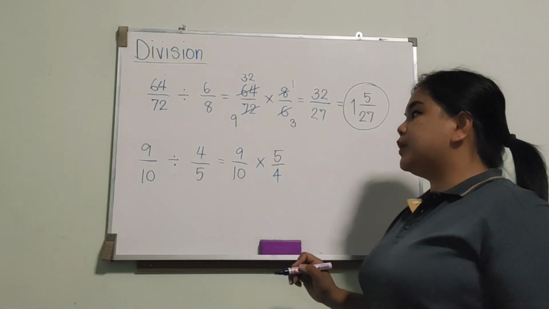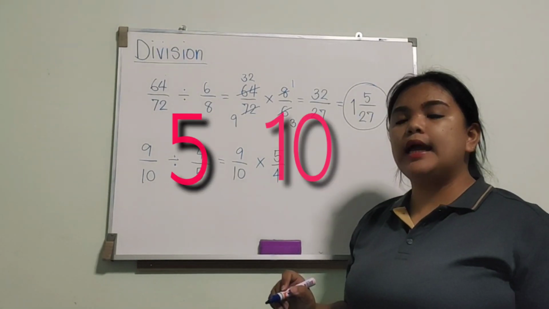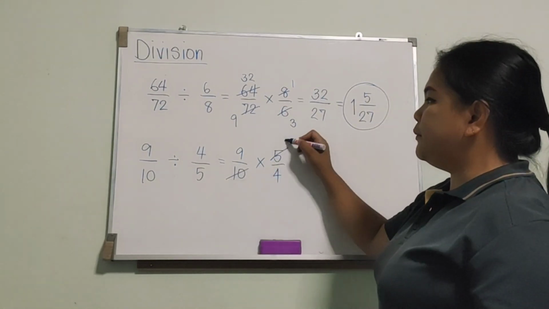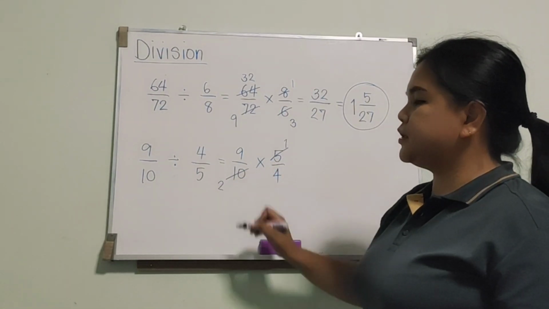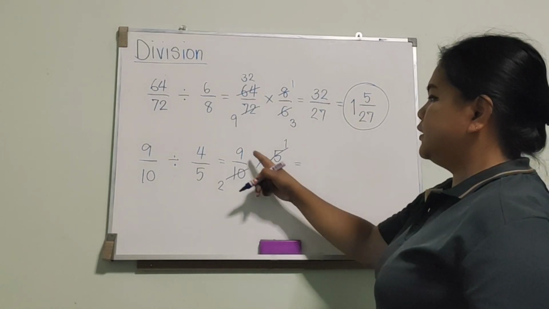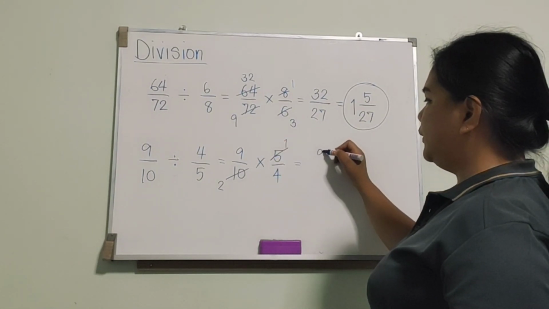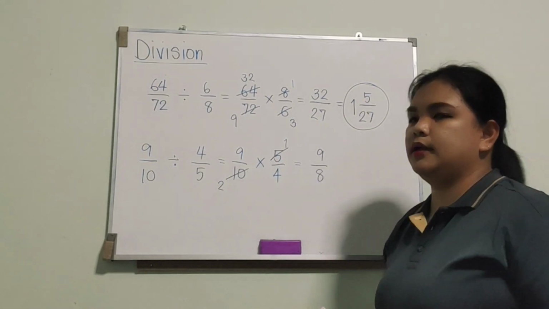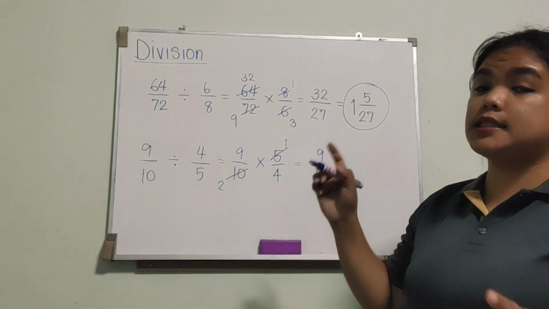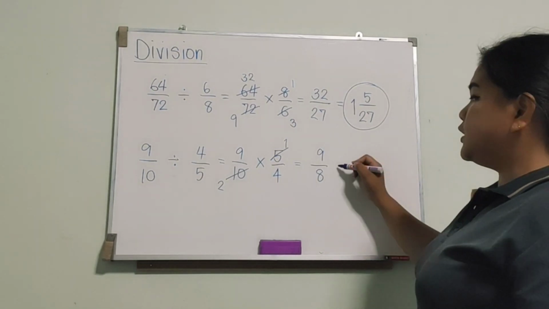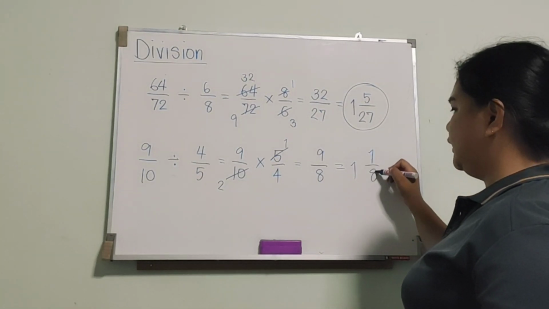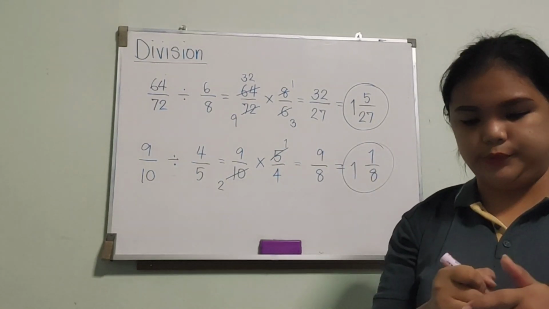Next, which one can we cancel? Yes, we have 5 and 10. 5 becomes 1, 10 becomes 2. Next, 9 multiplied by 1, you will get 9. 2 times 4, you will get 8. Now, this is still improper, so change it into a mixed fraction. You will get 1 and 1/8. That is the answer.